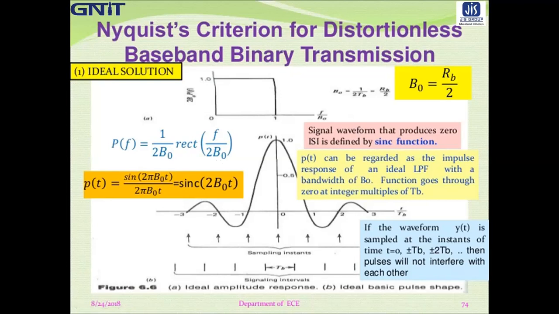And this is the spectrum of a signal which produces zero ISI. So p(t) is the inverse Fourier transform of P(f), which is the inverse Fourier transform of this rect function, 1 by 2B_0 rect.